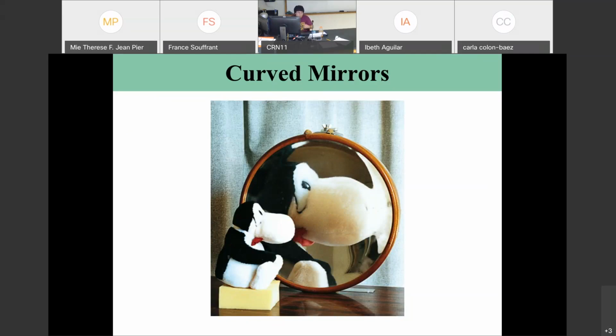Can somebody tell me what profession uses concave mirrors? In what situation would you think a concave mirror would be useful?